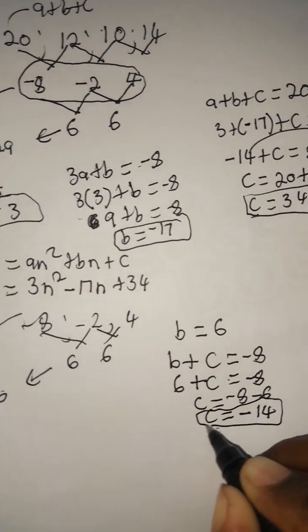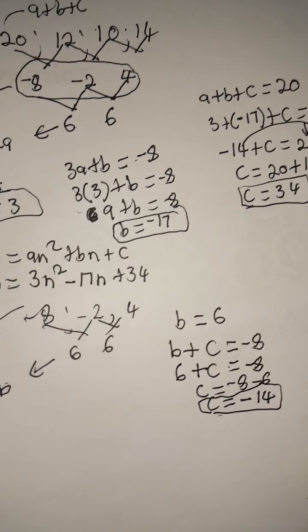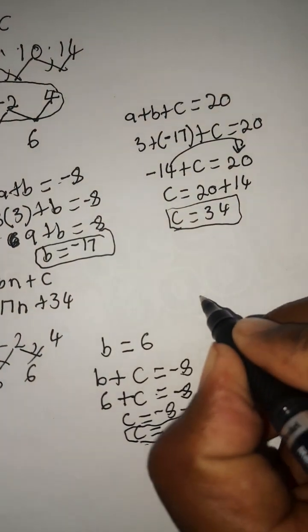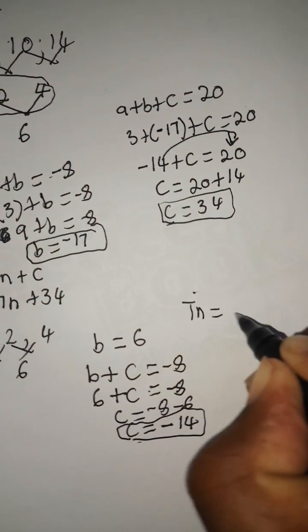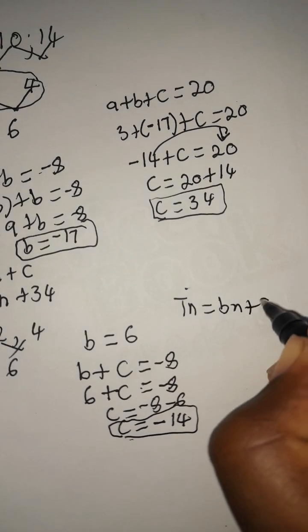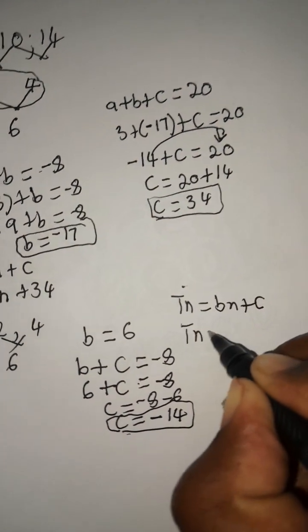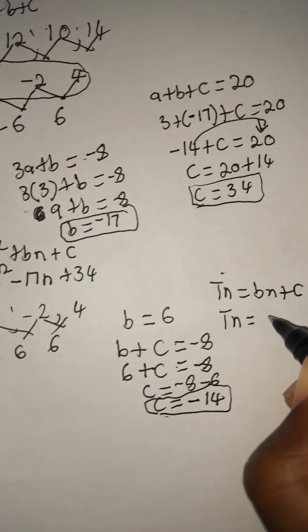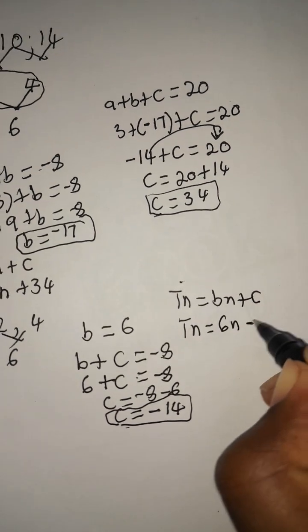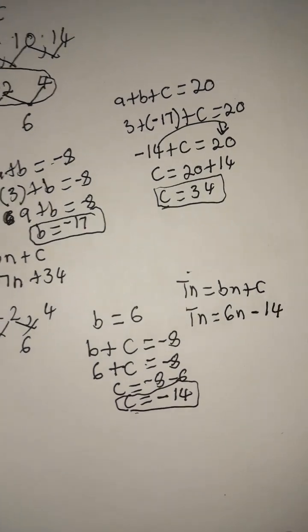So we already have our b as 6. Then the general term will be Tn equals bn plus c, where b is 6 and c is negative 14.